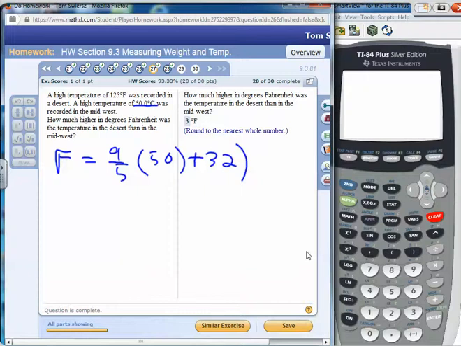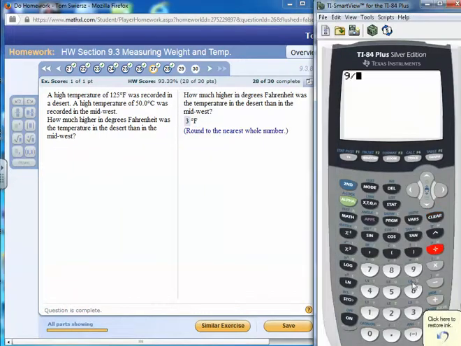So again, the formula: 9 divided by 5 times 50 plus 32, and we get 122 degrees, right? And so the Fahrenheit temperature in the Midwest is 122. The desert was 125, so how much higher was the desert? To find how much higher, we subtract 125 minus 122, and we get 3 degrees Fahrenheit difference. Remember, we did it in Fahrenheit, so it is indeed 3 degrees Fahrenheit. All right, very good.